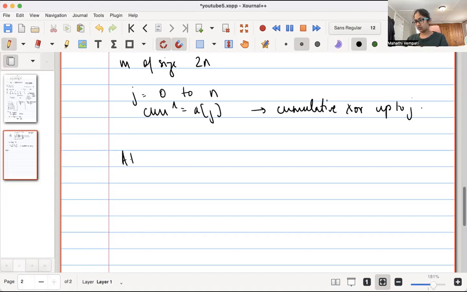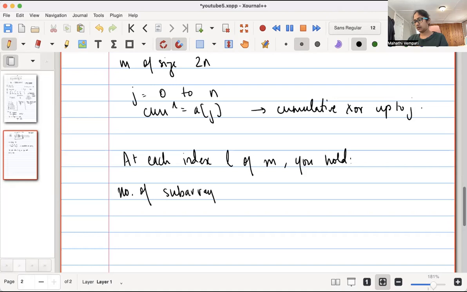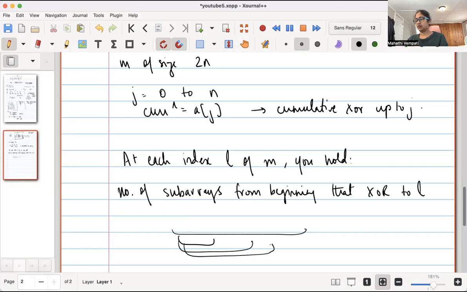So at each index L of M, you hold number of subarrays from beginning that XOR to L. So it could be this, it could be this, it could be this, all of these that XOR to L. Okay.